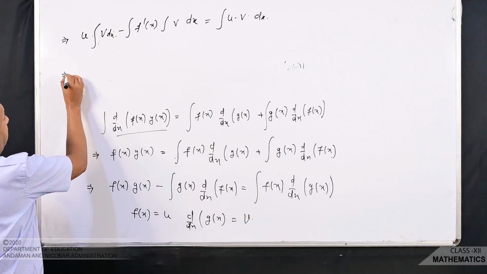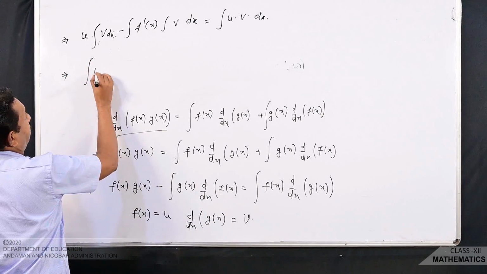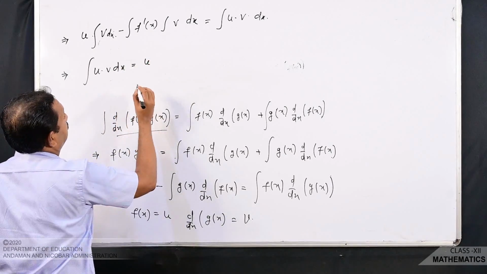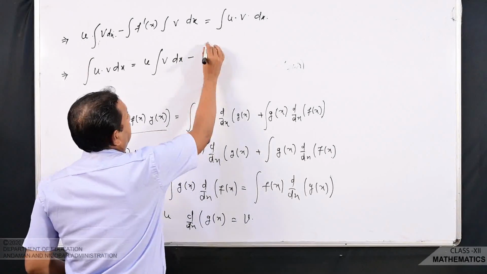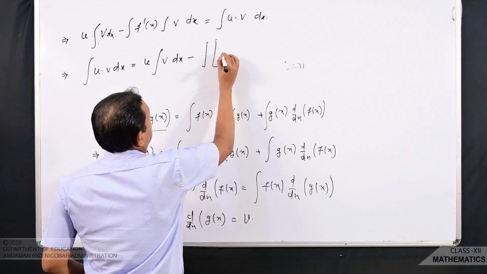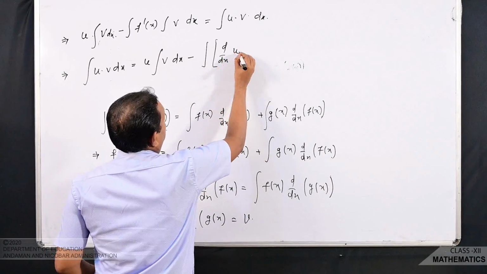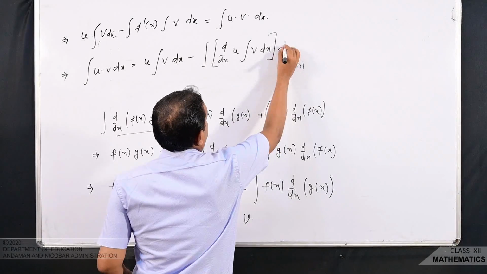So, ultimately what is the formula we have? We have the integration of u into v dx is equal to u times the integration of v dx minus the integration of the derivative of u times the integration of v dx, and dx.